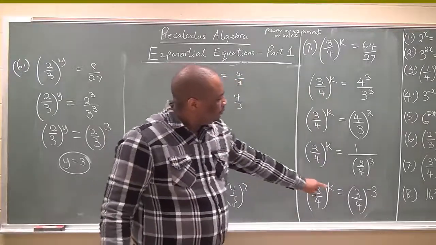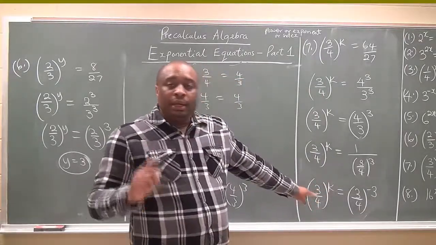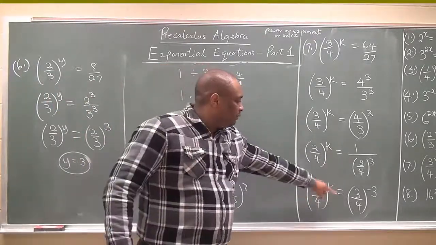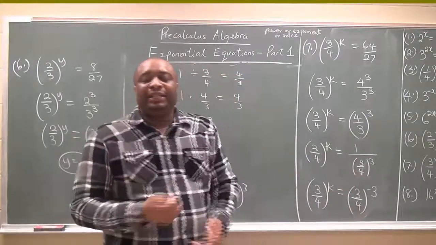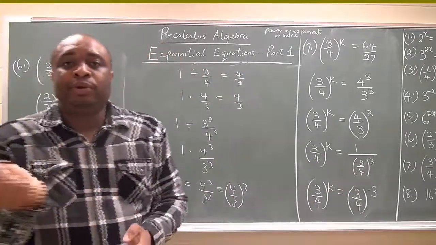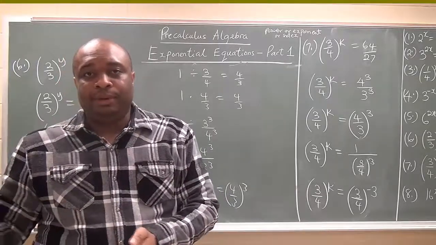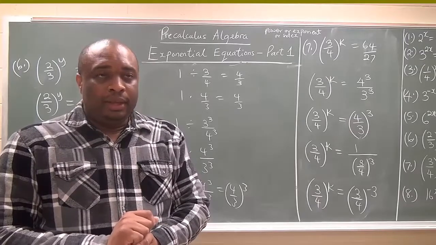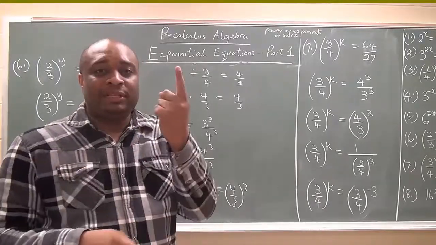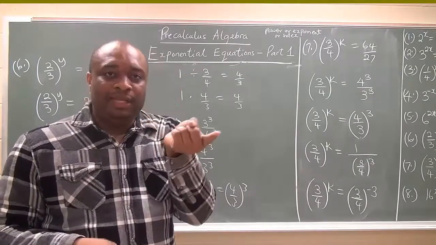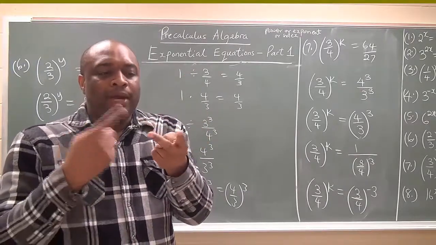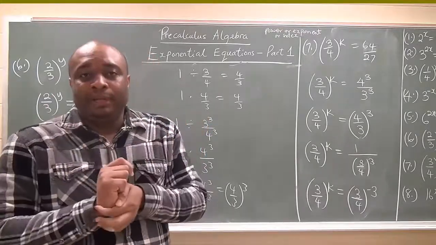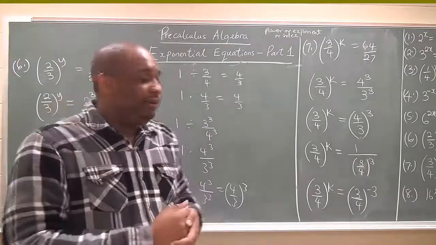Because you remember the definition that we did on negative exponents: the base with the positive exponent is the reciprocal of the base with the corresponding negative exponent, and vice versa. We did that in the previous videos.